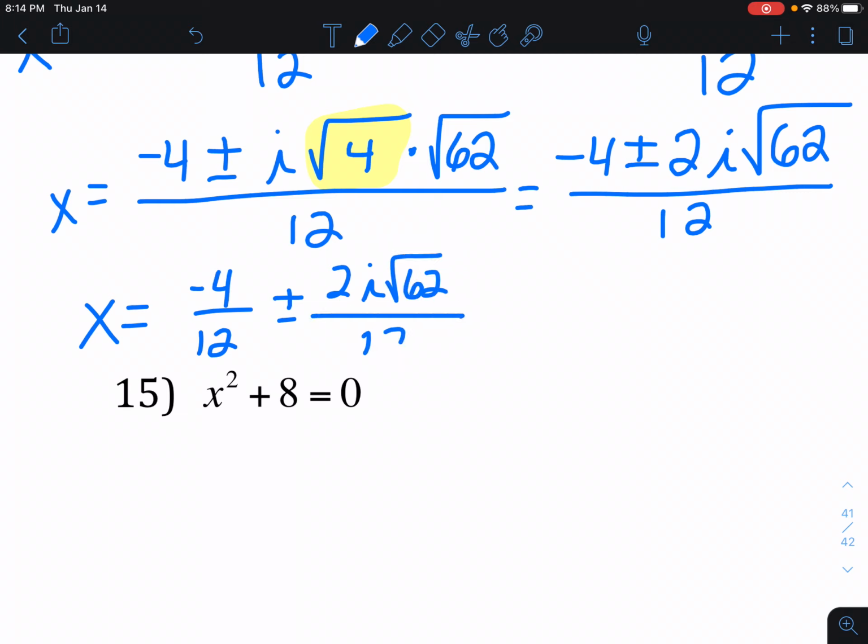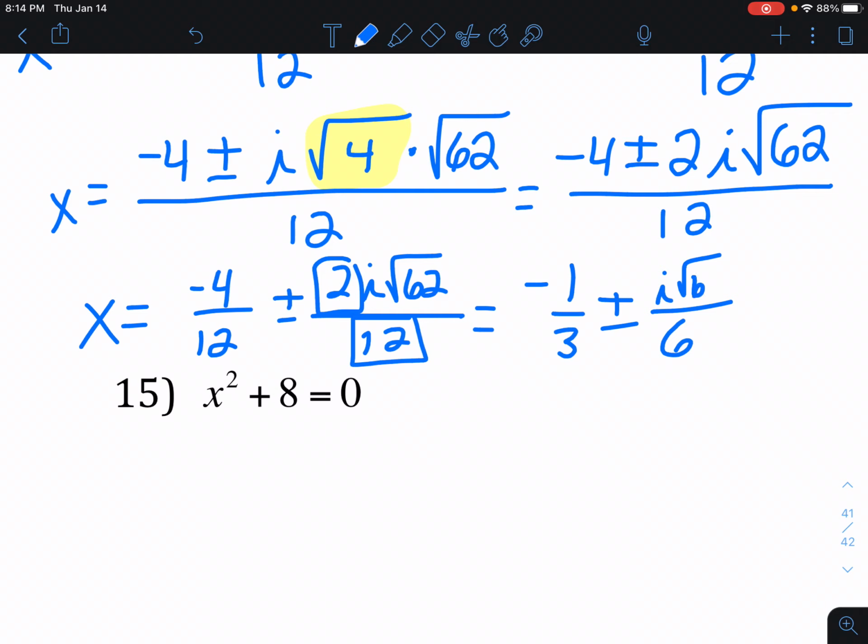Just make it 2 separate fractions, and then reduce each of the fractions. Negative 4 over 12 is negative 1 third. Carry over your plus minus. 2 over 12 is 1 over 6. You don't need the 1 up there, though, because the i root 62 is there. And there's your answer.